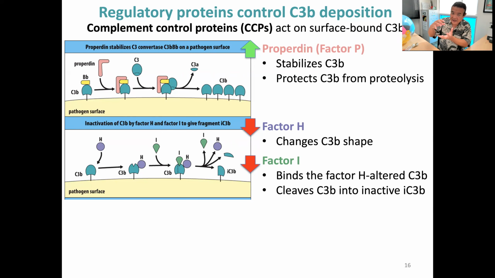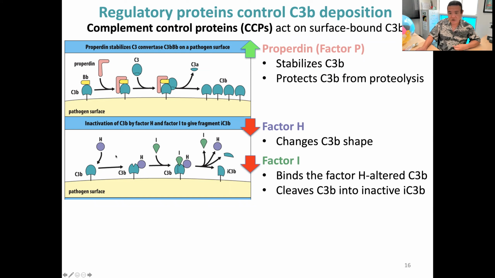In reality, the yellow factor Bb and the blue C3b are not glued together. They're just the right shape to temporarily fit together. If you can stabilize that and discourage them from floating apart, you end up encouraging their combined activity as a convertase. So that's what properdin factor P does. This is a way of enhancing the opsonization of pathogens.